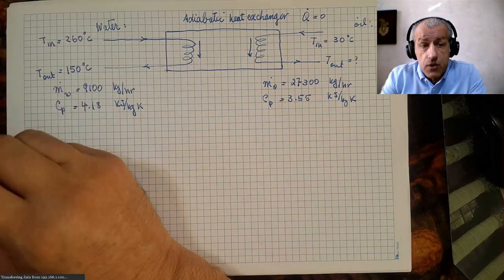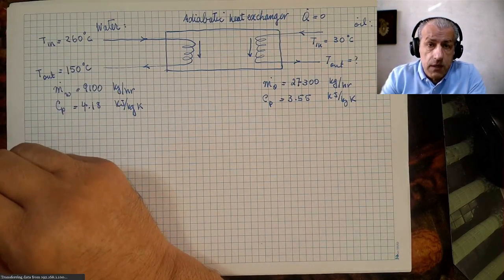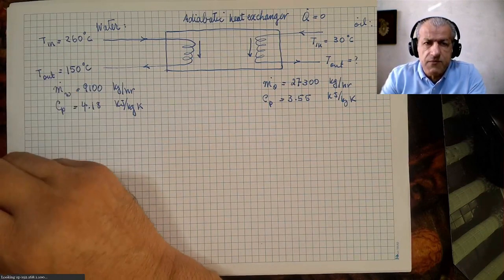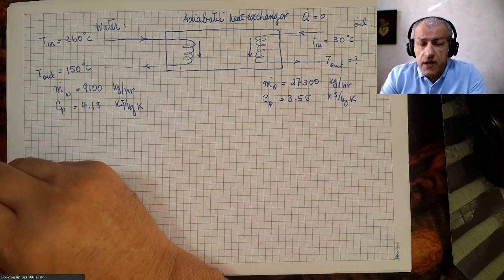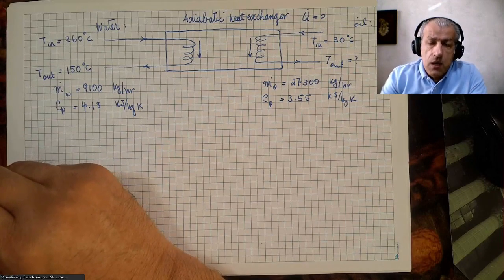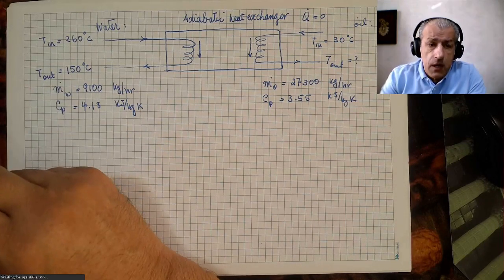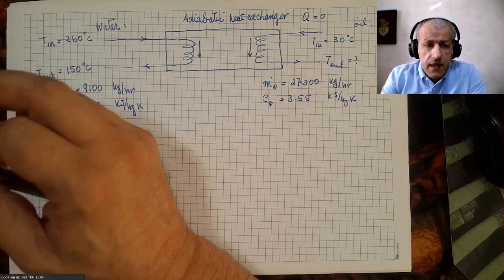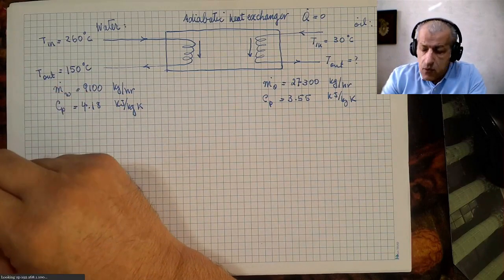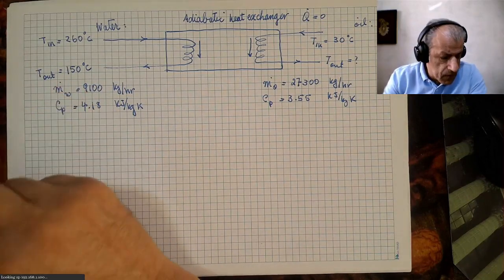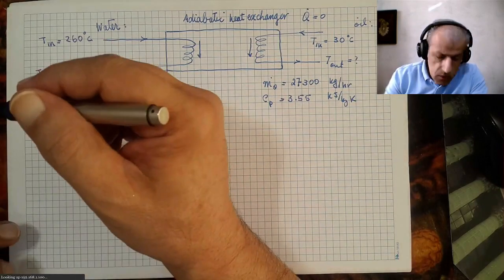We could have drawn it counterflow, and once I have solved this problem, at the end I will explain the difference and show what a parallel flow or a counterflow heat exchanger would entail. But at this moment, there's no difference for us, so let's go ahead with the solution.